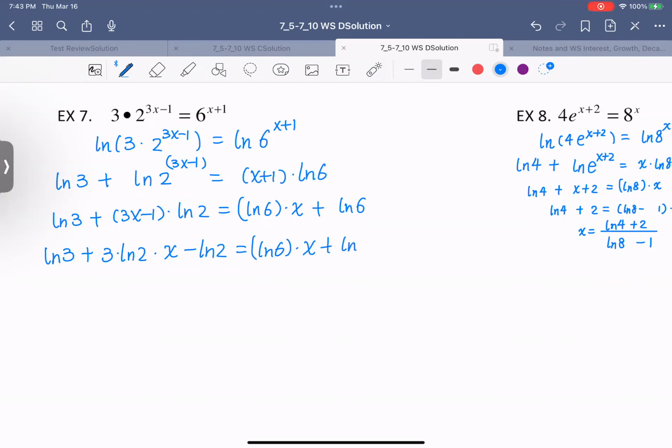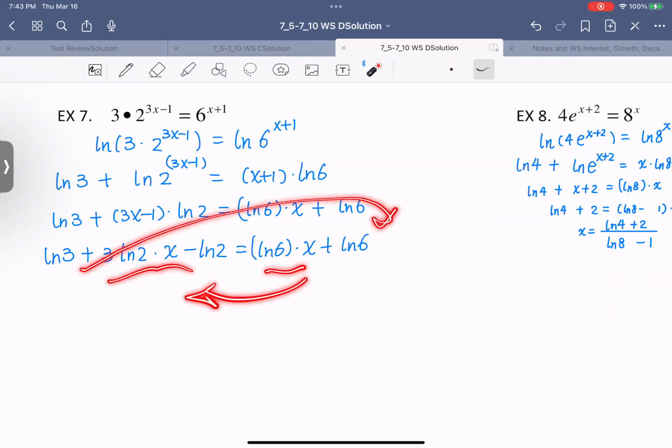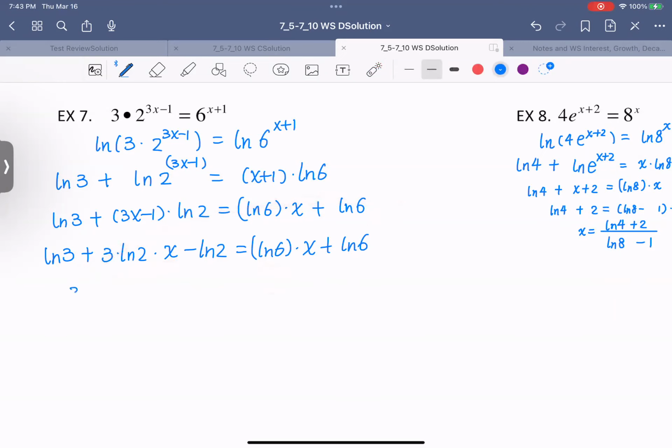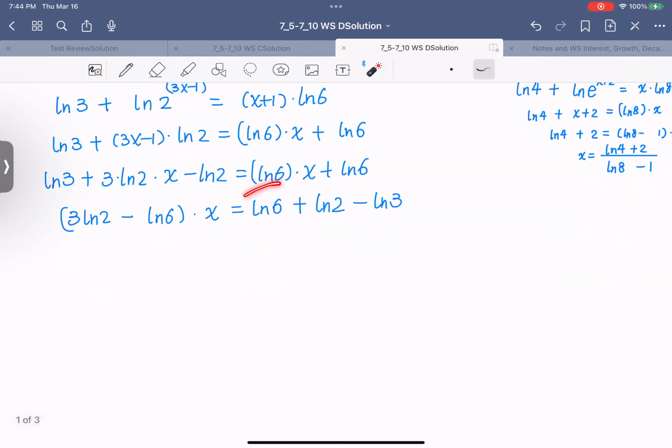And you want to move the x terms to one side and the other terms to the other side. So 3 times ln 2 times x minus that term, equals ln 3 plus ln 2 minus ln 3, minus ln 3.